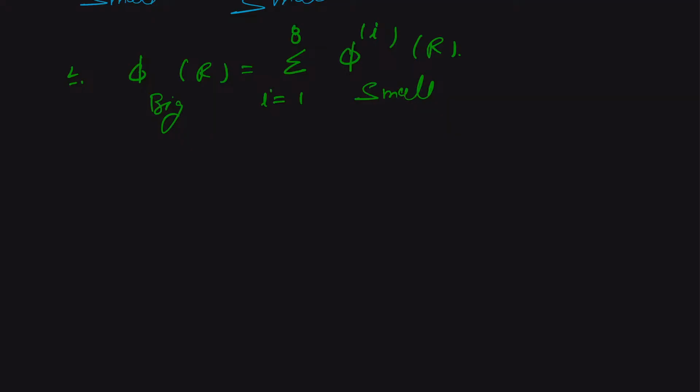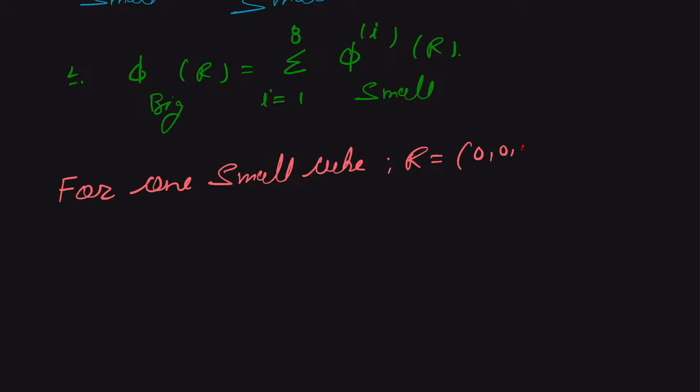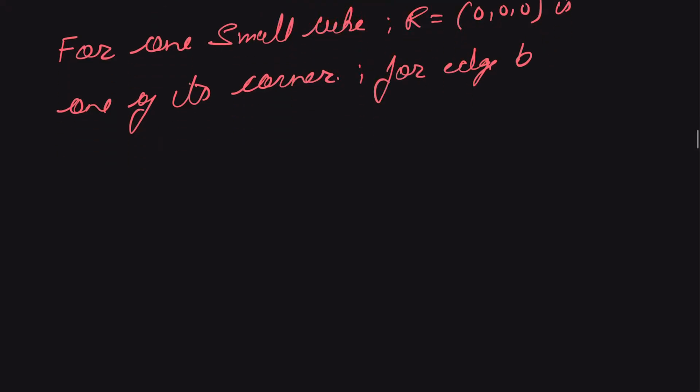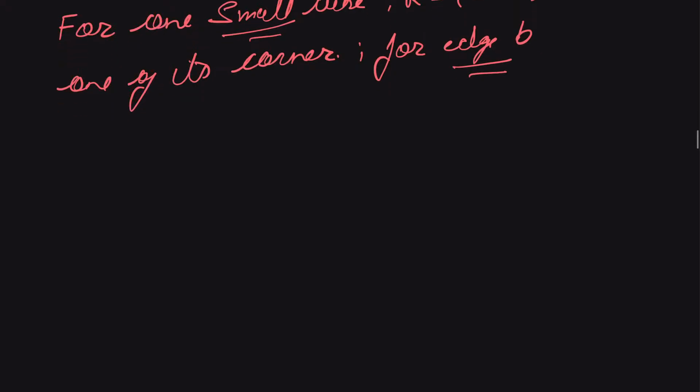So for one small cube, r, which is 0, 0, 0, is one of its corners. Therefore, for edge b, because the small cube has an edge of b, we can write the relationship as phi small for the ith cube at r will be equal to phi 1 b.